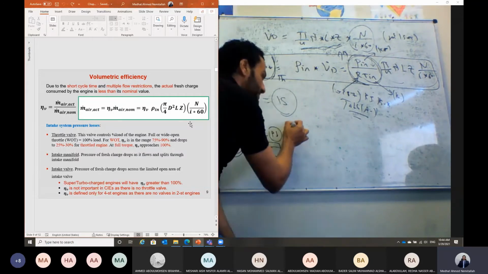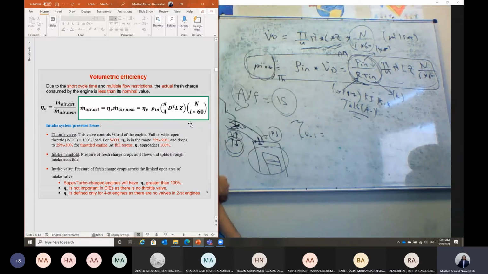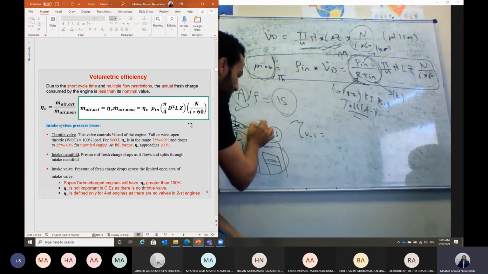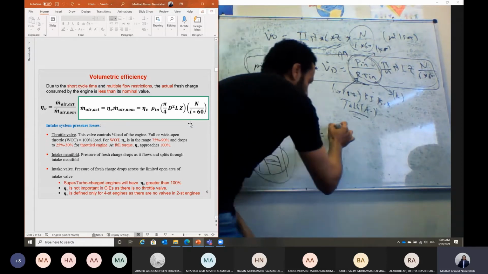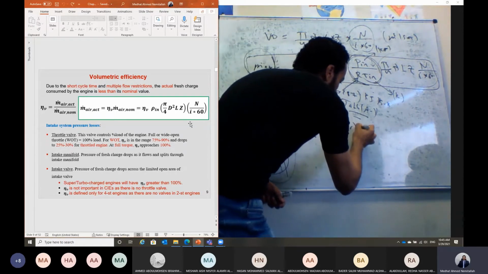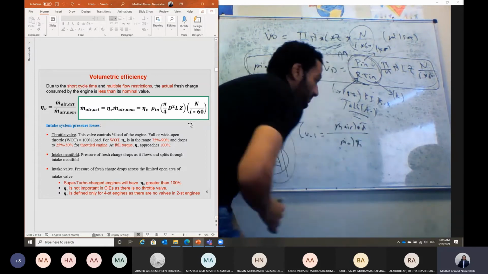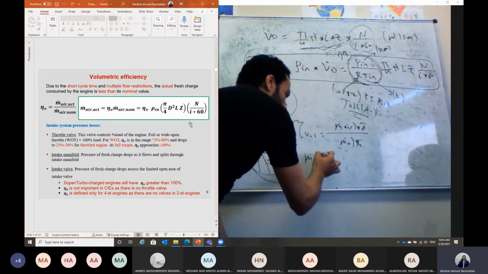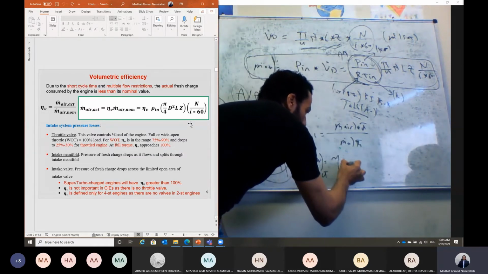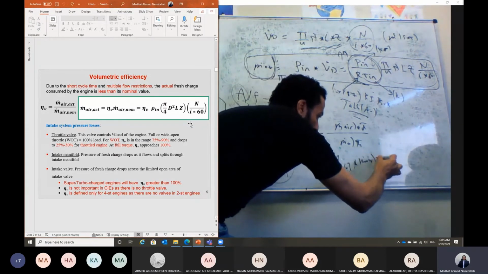And we can define another efficiency for the engine. We call it the volumetric efficiency, which gives us an indication of the efficiency of filling the cylinder with the incoming air. This volumetric efficiency is equal to the actual mass flow rate of air divided by the theoretical mass flow rate of air. Or we can say the actual mass flow rate of air to the engine equals eta volumetric multiplied by the theoretical mass flow rate of air.